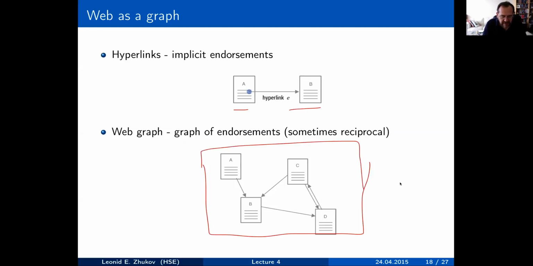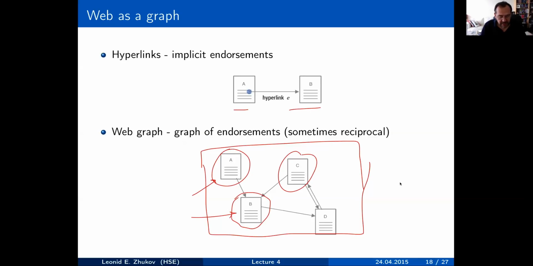So if A is putting a link to page B, it means it endorses page B. It also means, in the language of prestige, that the prestige of page B is getting higher because there are a couple of pages, say A and C, pointing to page B. And so you can actually calculate all the metrics we talked about, and you can calculate the rank prestige for this thing.